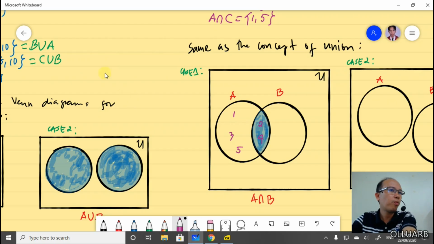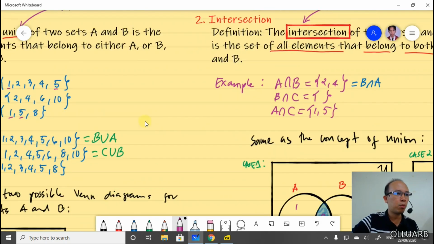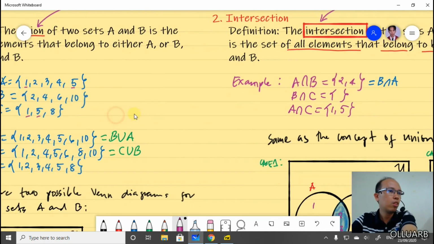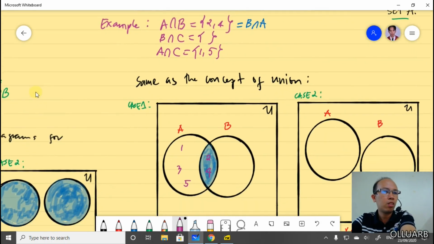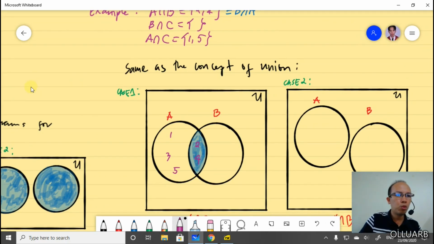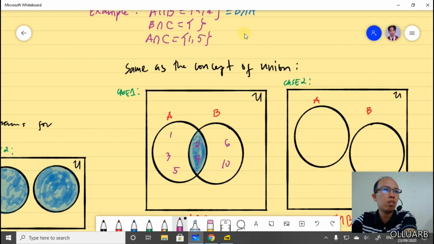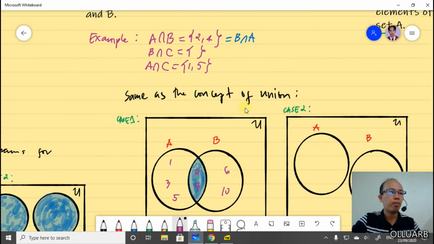And then what are the elements of the set P? Let's wait for the program to respond again. 2, 4, 6, 10. We have 2, 4, 6, 10. So let's look at our answer.